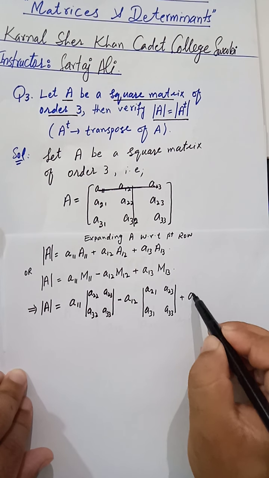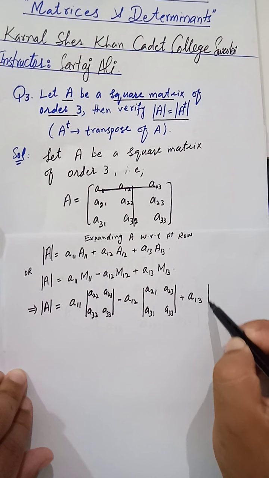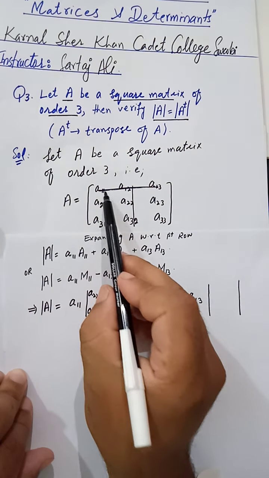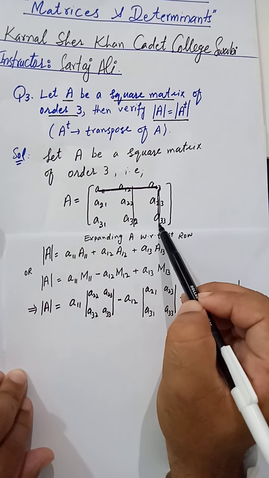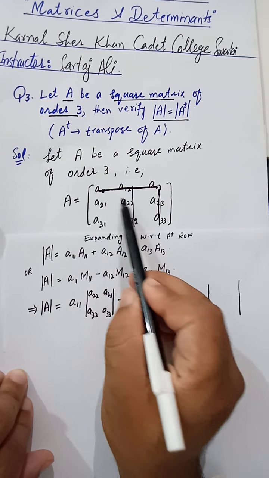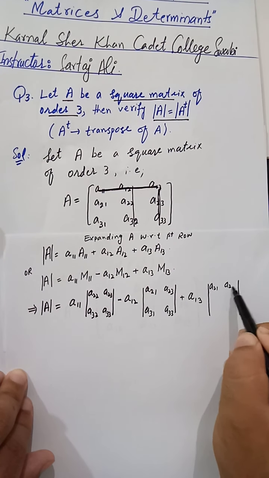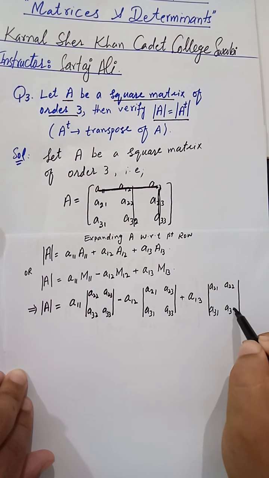Now plus a13. How can you find capital M13? You need to cancel out the first row and third column, and take the determinant of the rest of the matrix. So that is a21, a22, a31, a32.